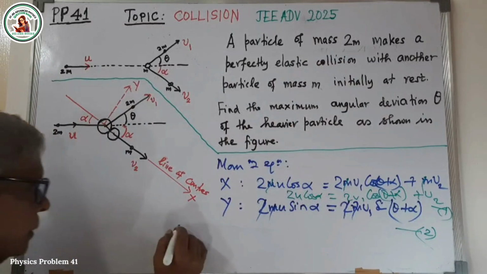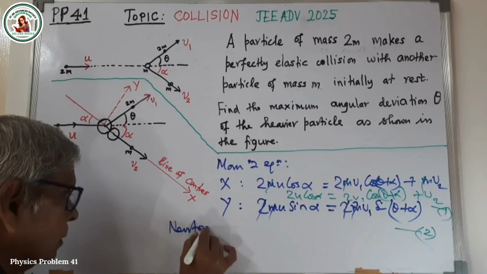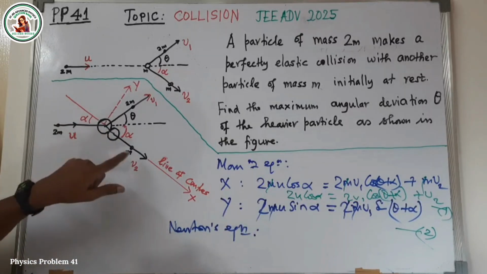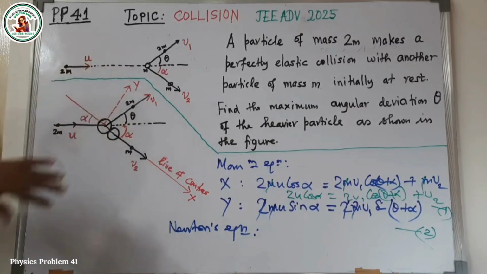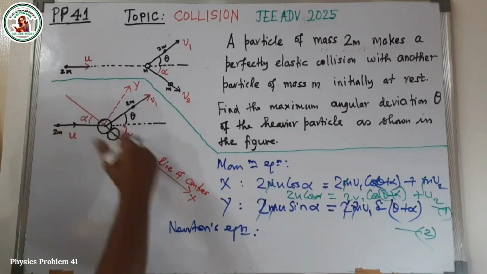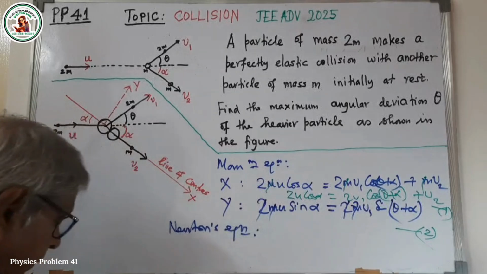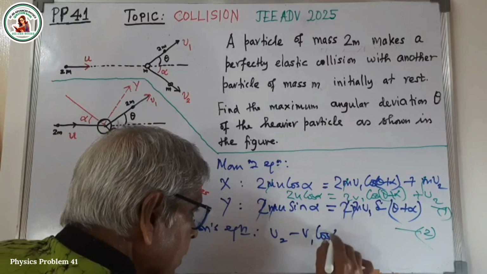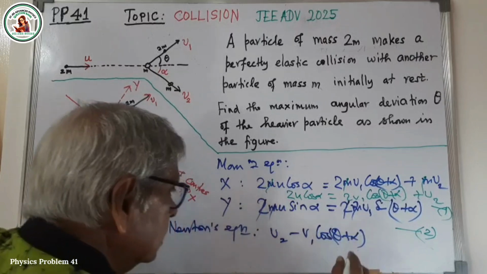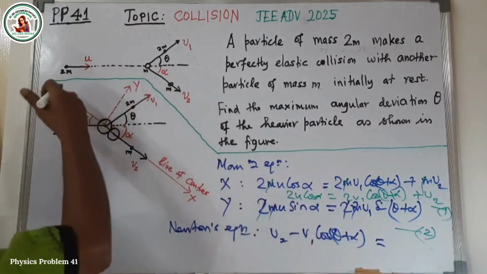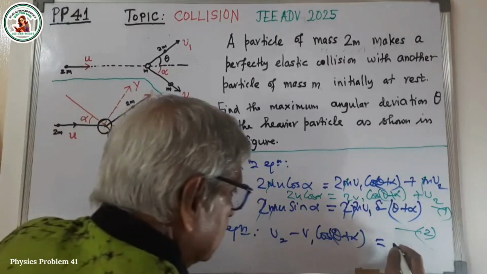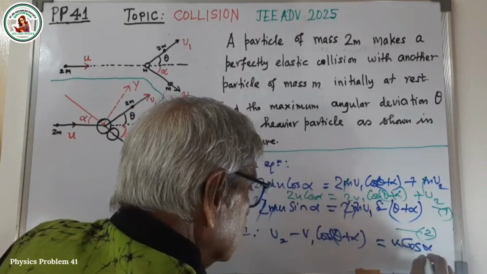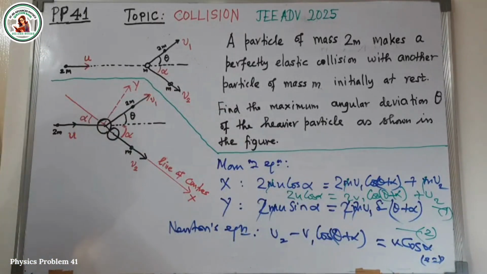Newton's equation has to be applied along the line of centers, the direction of collision. So it will be v2 minus v1 cos(theta plus alpha) is equal to E times the velocity of approach, which is u cos alpha, where E equals 1. That is our equation 3.